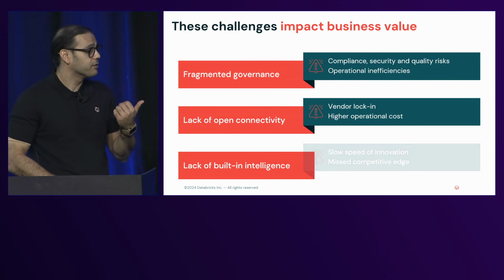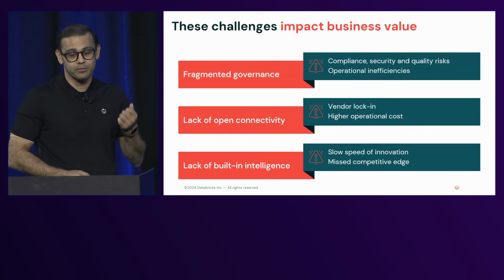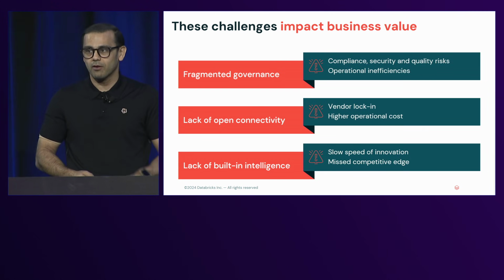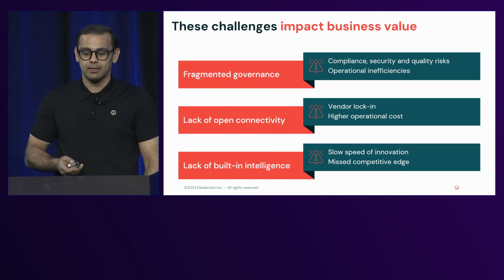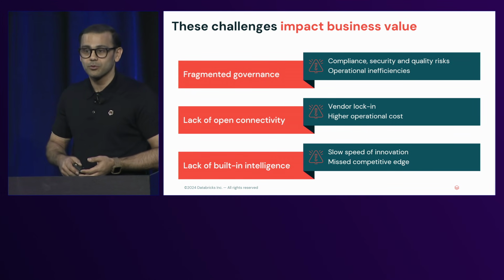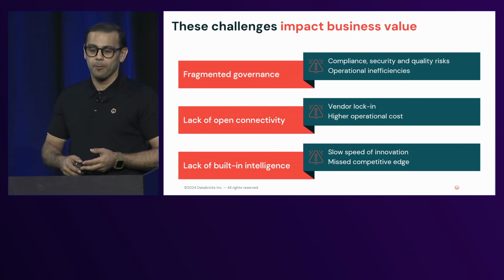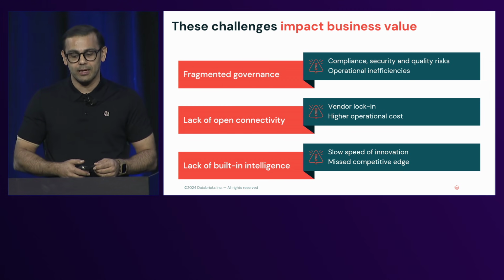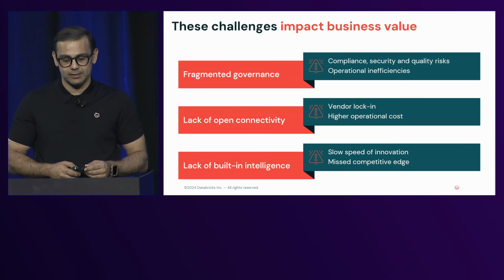And these governance challenges have significant impact in terms of business value. Fragmented governance often leads to increased complexity in terms of compliance, security, and quality risks, as well as increased operational inefficiency. So businesses tend to struggle to maintain a unified view of their data and AI estates.